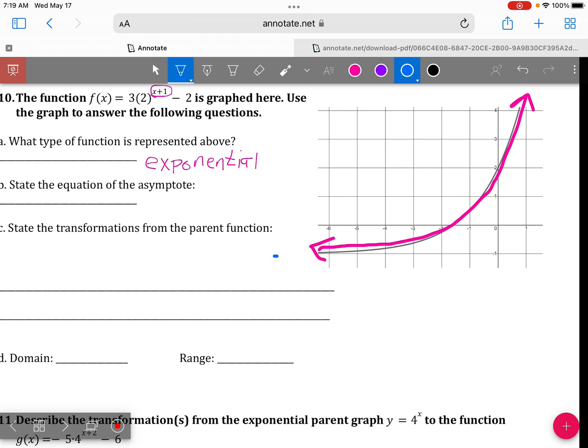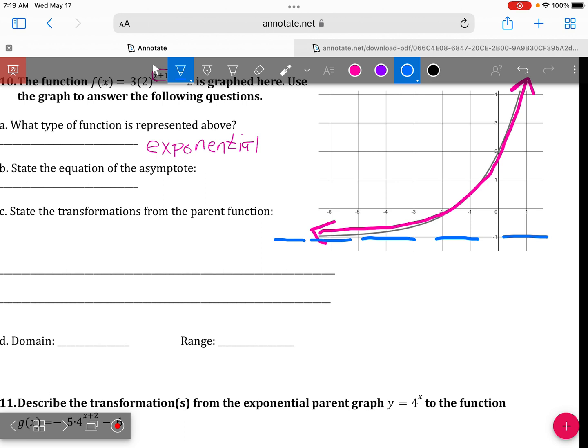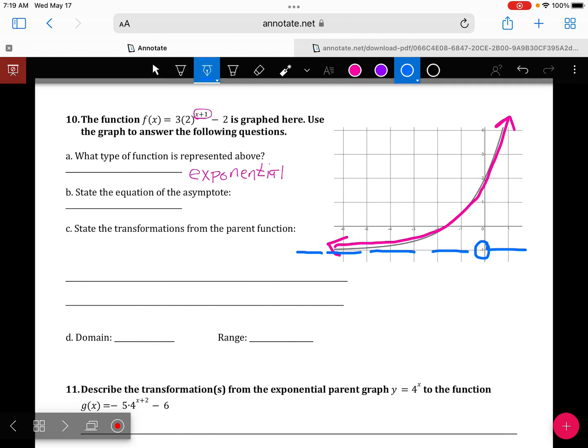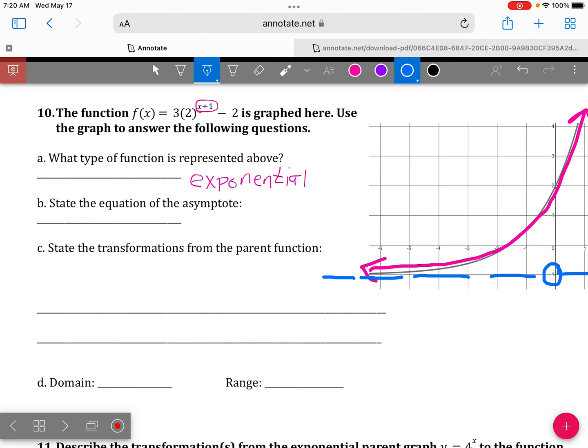To me, it looks like I've got an asymptote right around this space right here, which means this number on my iPad. On your paper, I think you can see that that has a -1 in there. So y is stuck at -1. So the equation of the asymptote is y equals -1.